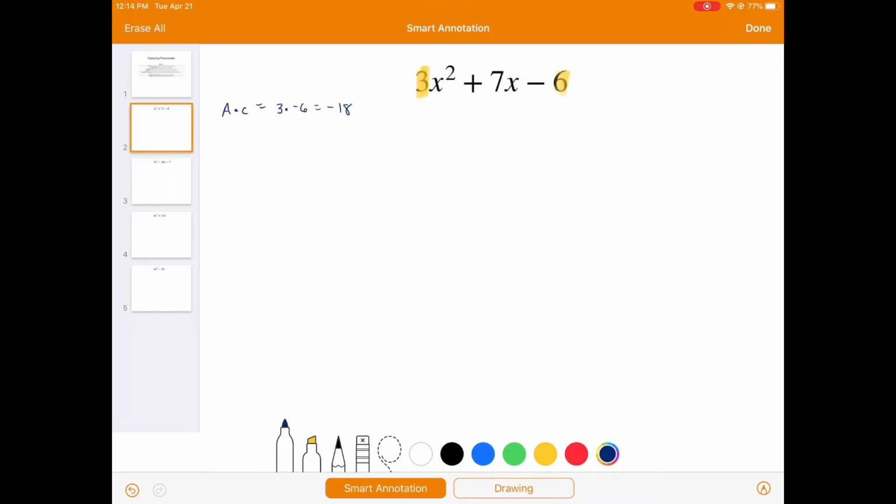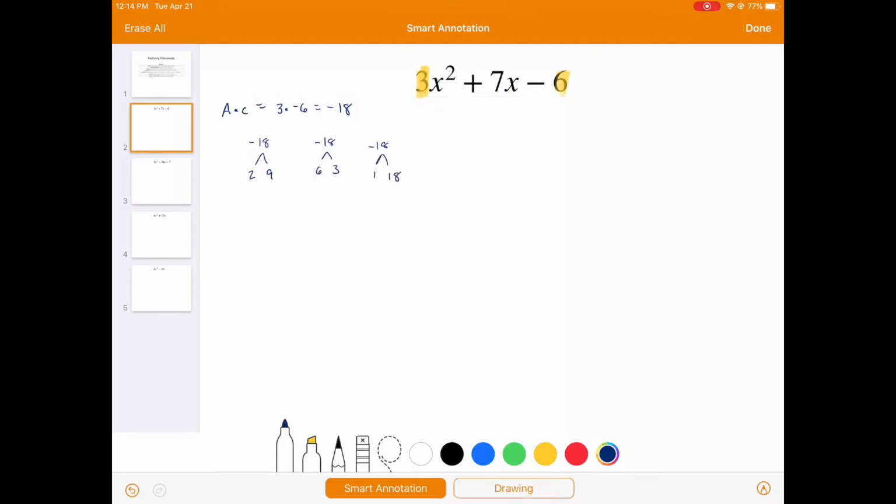So what can we multiply to get negative 18? That is a product of 2 and 9, as long as one of them is negative. And it's also a product of 6 and 3, as long as one of them is negative. And then, of course, 1 and 18, with 1 being negative.